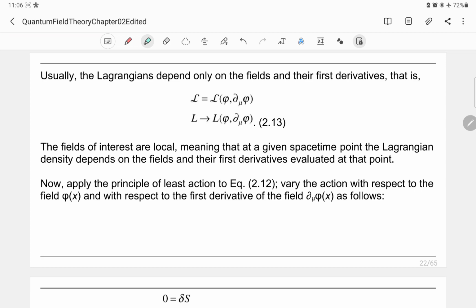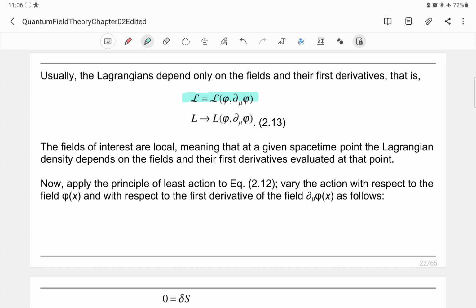So the Lagrangian depends only on the fields and the first derivative, that is this one here. And the fields of interest are local, meaning that at a given space-time point, the Lagrangian density depends on the fields and their first derivative evaluated at that point. Now we're going to apply the principle of least action.